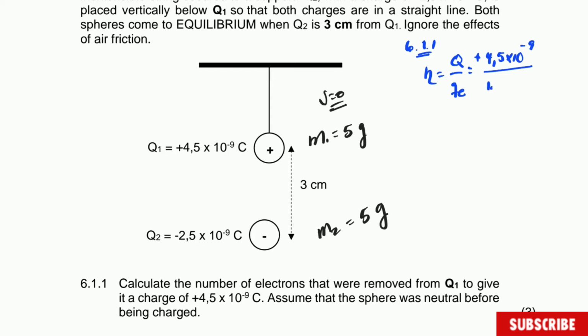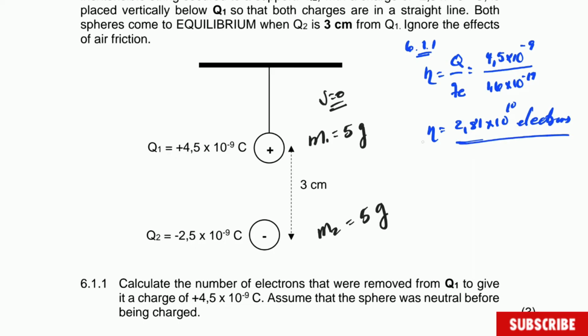So this is divided by 1,6 times 10 to the minus 19. If I were you, I would not substitute that positive there. So the number of electrons is equal to 2,81 times 10 to the 10 electrons.